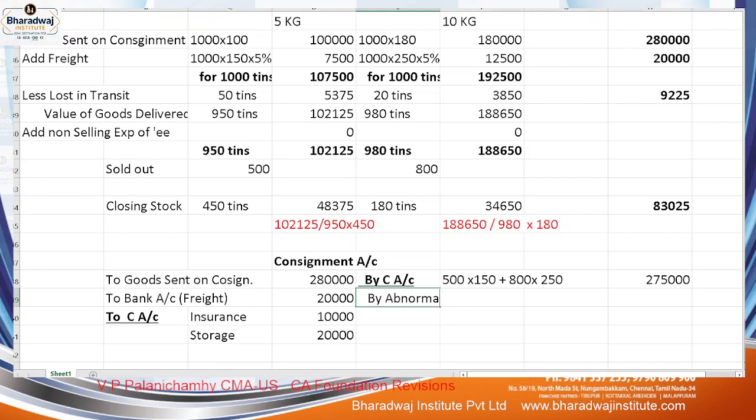By abnormal loss, in transit that loss. In transit, what is the loss? That's 9225. By closing stock.